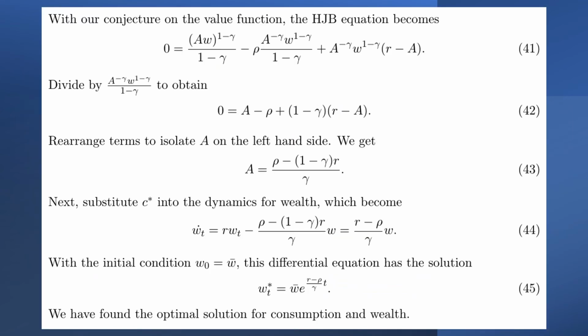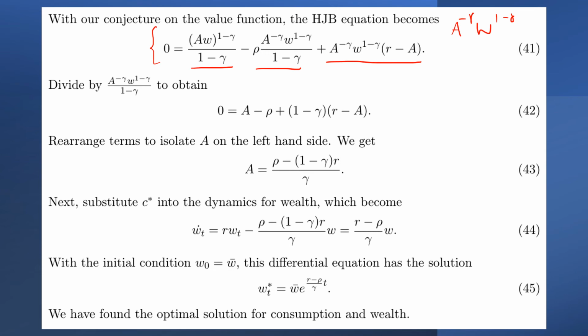Using the conjecture, the Hamilton-Jacobi-Bellman equation reduces to this expression. And notice that we have three terms here, this, and this, and all three are multiplied by A to the power of minus gamma times W to the power of 1 minus gamma.